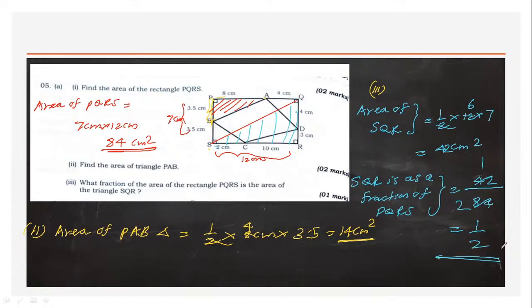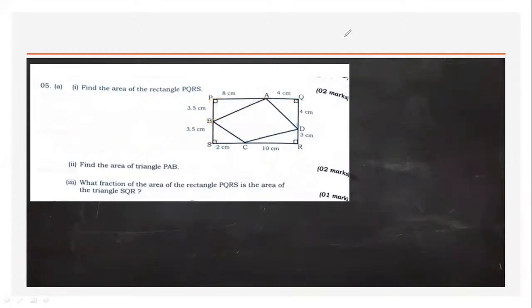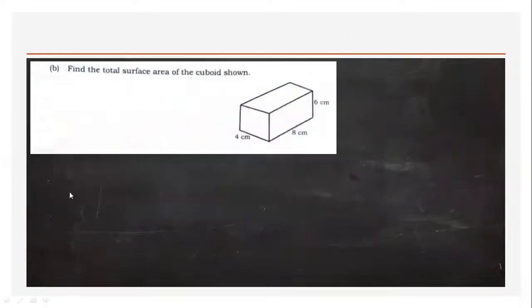Right. Next part is what? B part. We have to go to next slide. B. Find the total surface area of a cuboid shown.